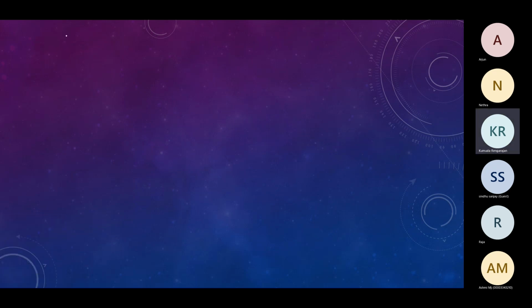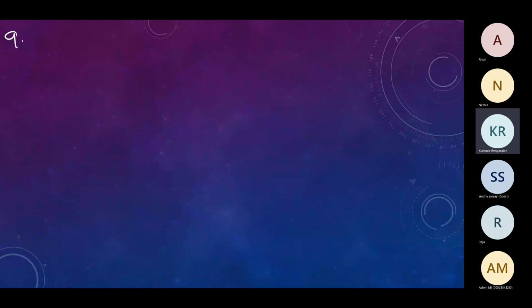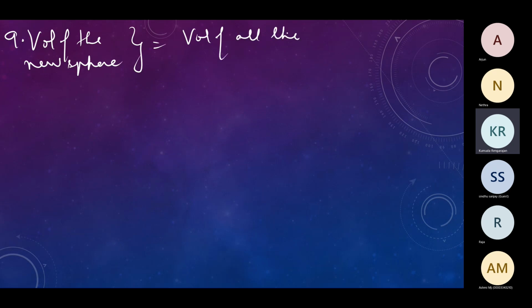All right. So you can write the volume of the big sphere first, anything first. Volume of the new sphere is equal to volume of all the 27 small spheres.